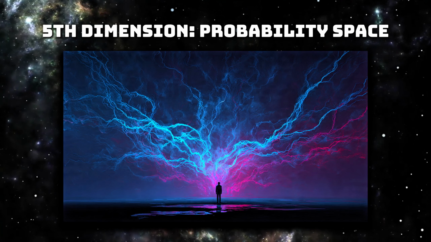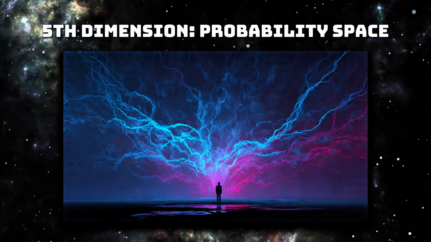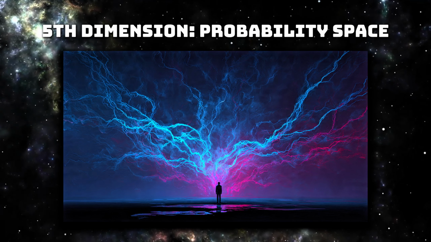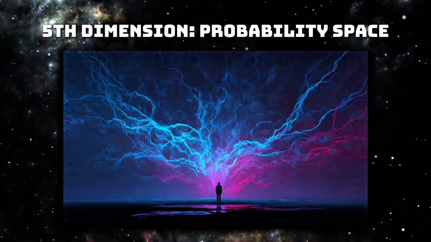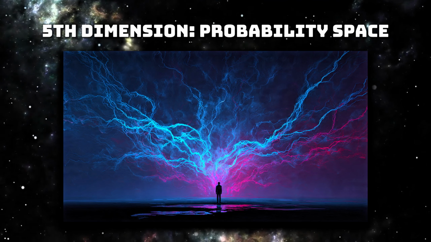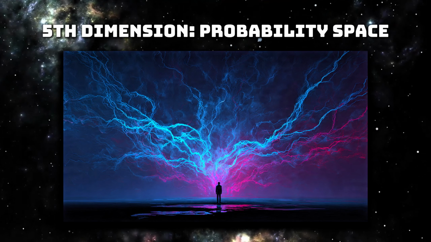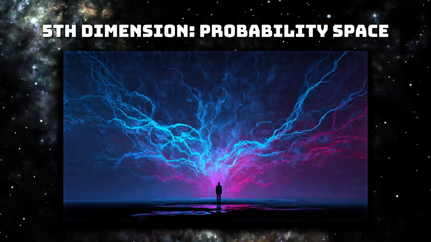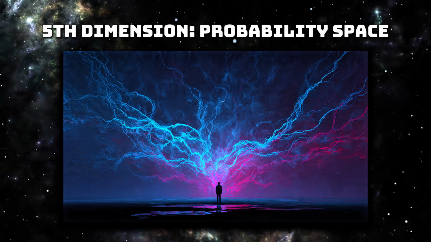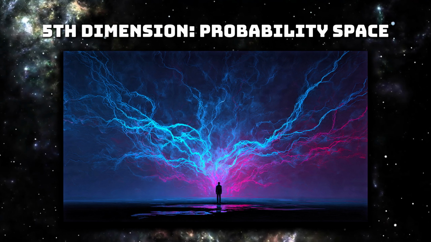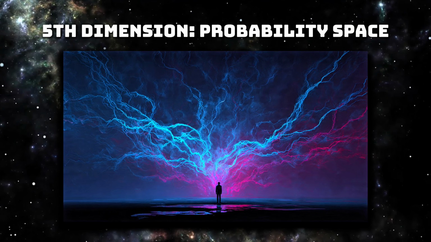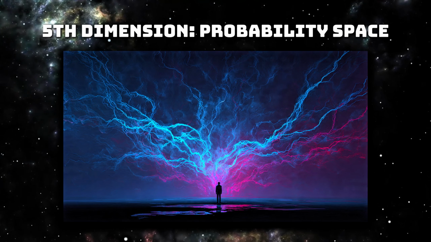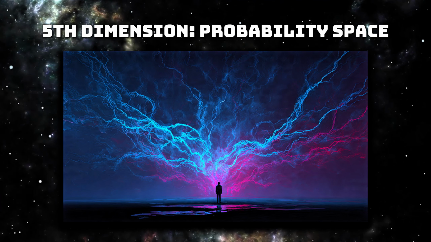The famous many worlds interpretation of quantum mechanics suggests that each time a quantum event occurs, the universe effectively splits into different branches, each representing a different outcome. For example, if a particle could move left or right, the many worlds view says it does both, but in separate parallel branches of the universe. Applied on a larger scale, this implies that the entire universe constantly branches into different timelines based on every quantum event, no matter how small.